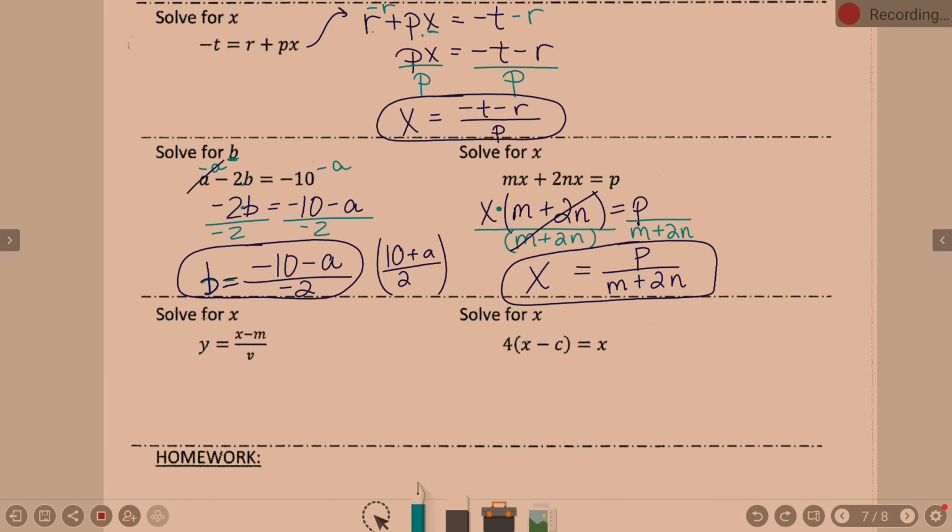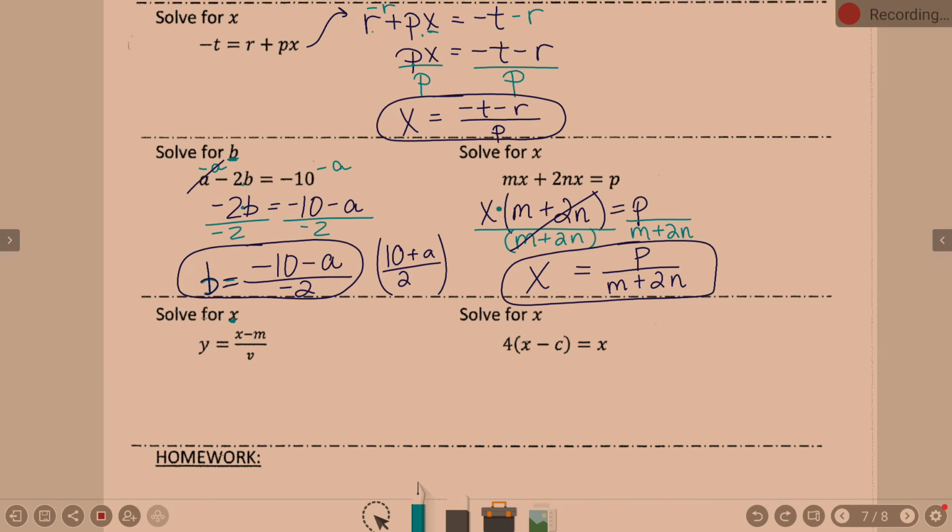Again, what are we solving for? Solving for x. Now, x minus m divided by v equals y. You remember the other day how I said, okay, what's the last thing being done to x? If it's x minus m divided by v, the last thing being done is divide by v.